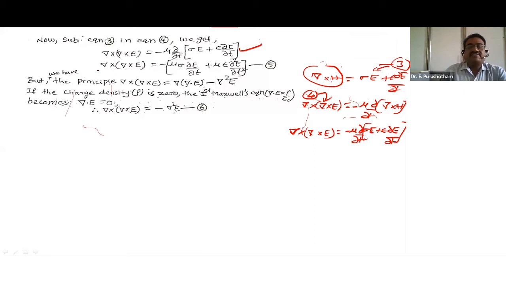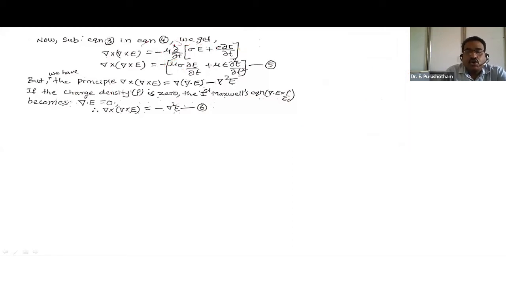Writing mu into sigma as mu sigma, and mu epsilon with dou square E by dou t square.